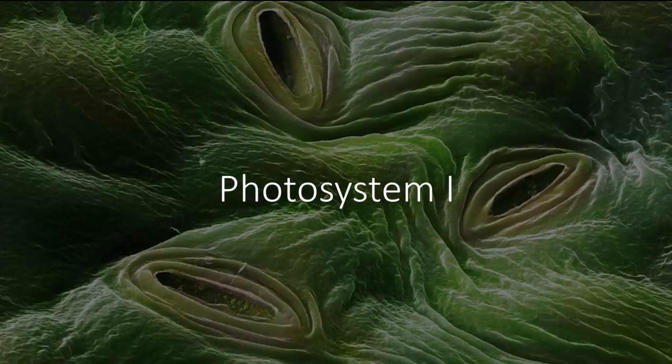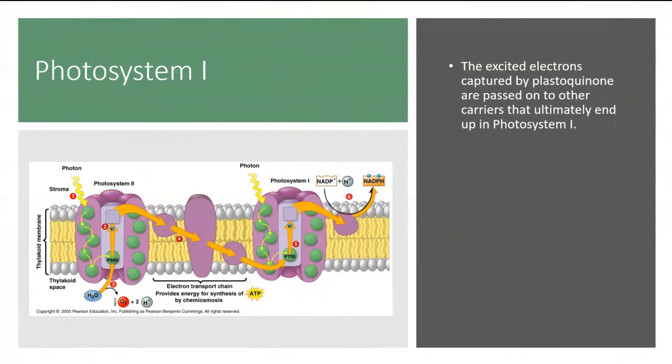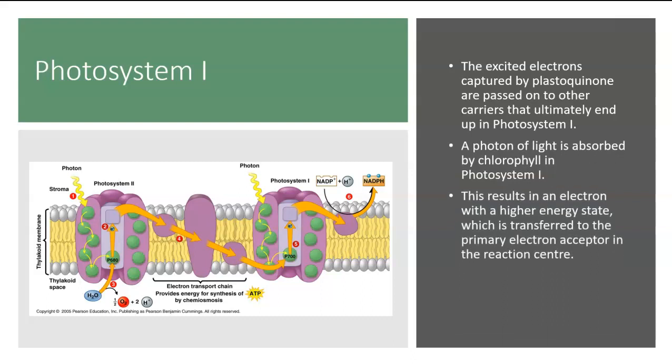All right, so let's have a bit more look at photosystem 1. The excited electrons captured by the plastoquinone are passed on to other carriers that ultimately end up at photosystem 1. A photon of light is absorbed in the chlorophyll in photosystem 1. This results in an electron with a higher energy state, which is transferred to the primary electron acceptor in the reaction center.